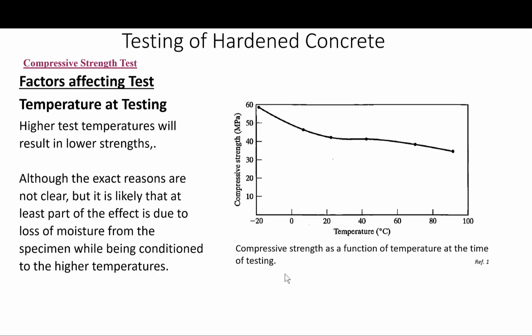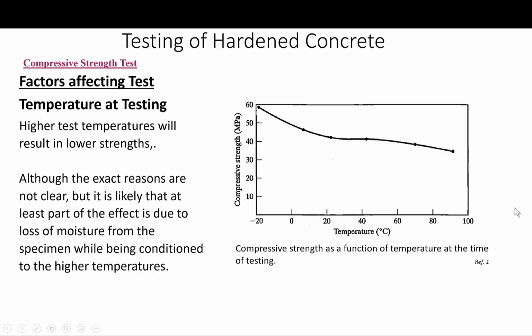The next effect is the temperature of the sample. For reasons that are also not fully understood, the temperature of the specimen at the time of testing will affect the strength, as shown in this graph right here.